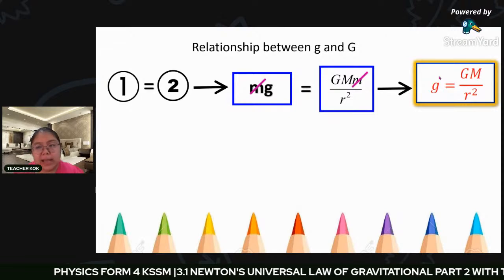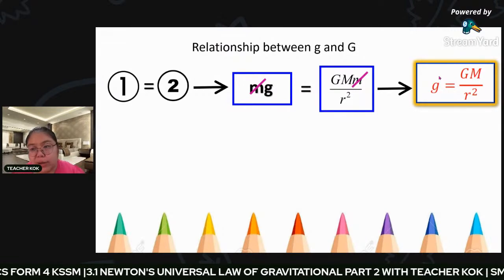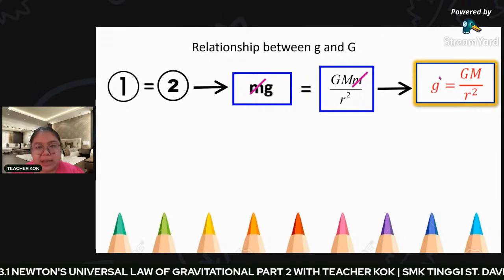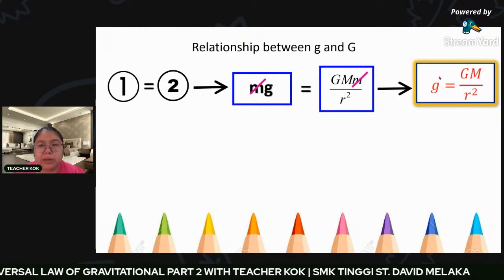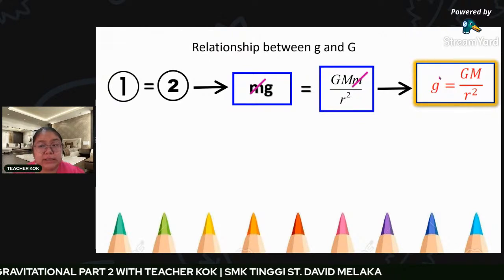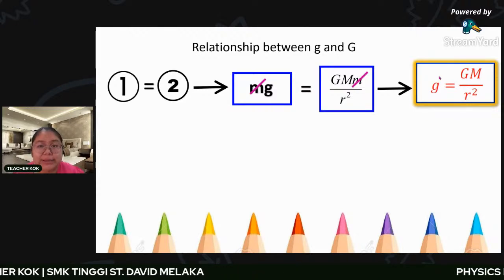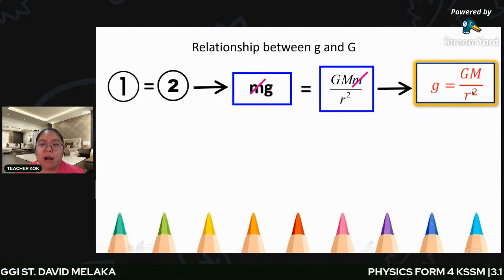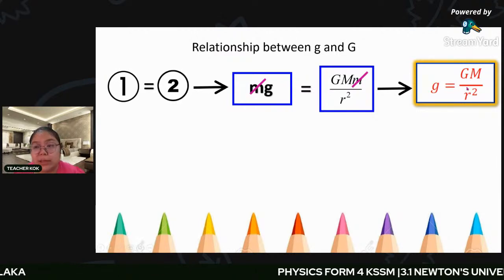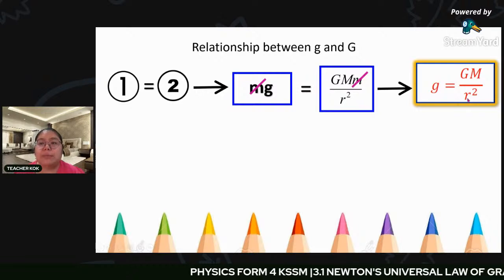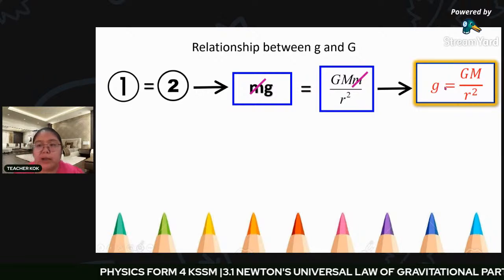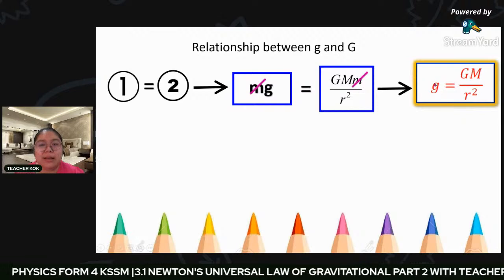Talking about the Earth and the Moon: the Earth has the bigger mass, so its gravitational acceleration is higher. How about R? R squared is the distance between the centers of the objects. So when you go further away, the gravitational acceleration becomes less.